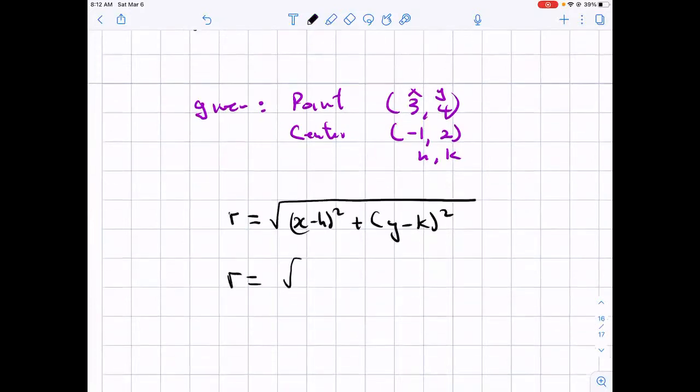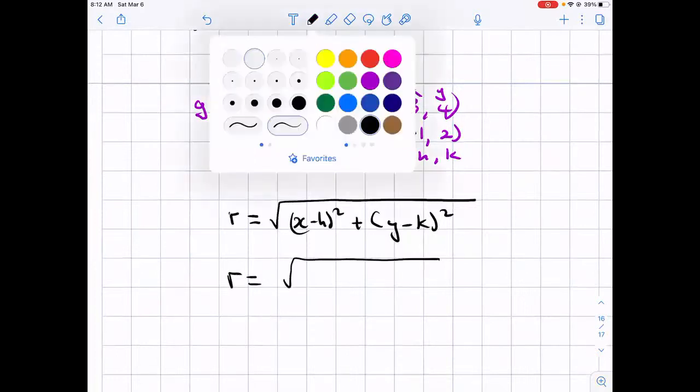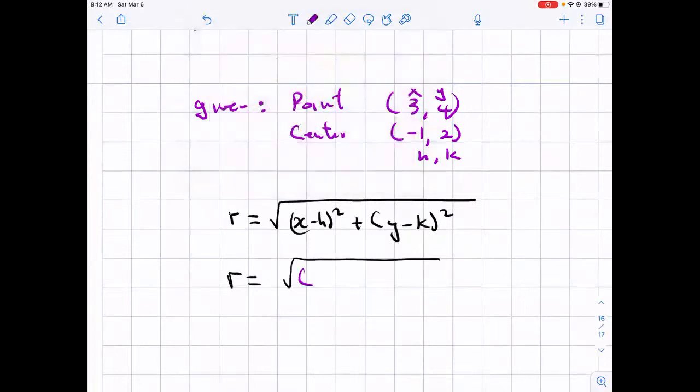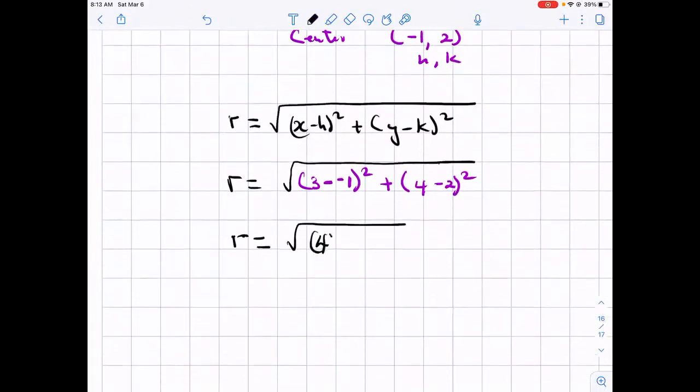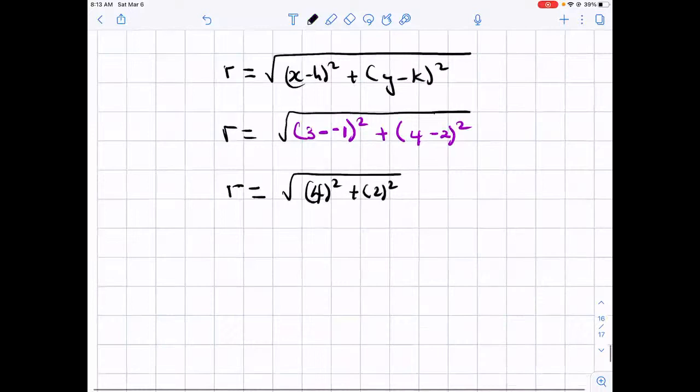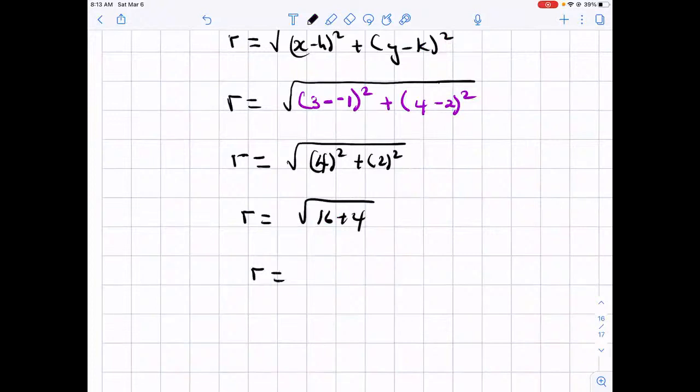If we plug in those numbers, instead of x we write 3 minus h, which is -1, squared, y, which is 4, minus k, which is 2, and we square that. So here we have r is equal to the square root of 4 squared plus 2 squared. So r is equal to the square root of 16 plus 4. So r is equal to the square root of 20. And that's r.